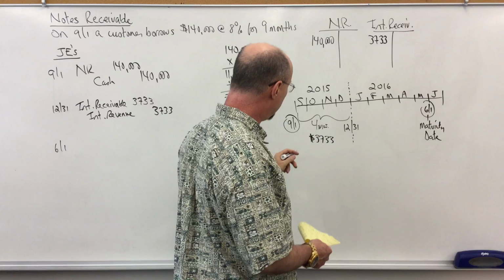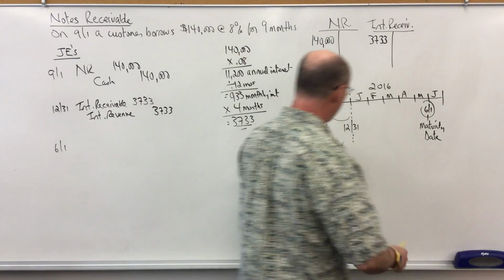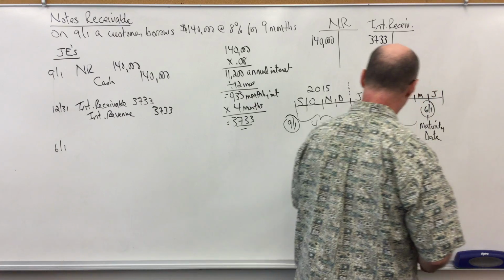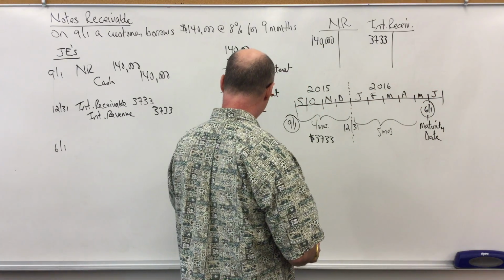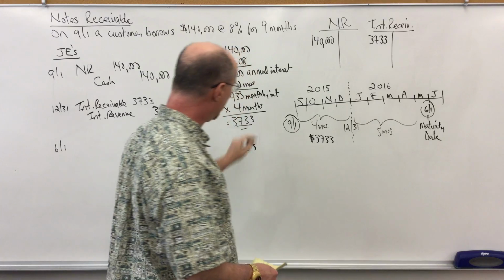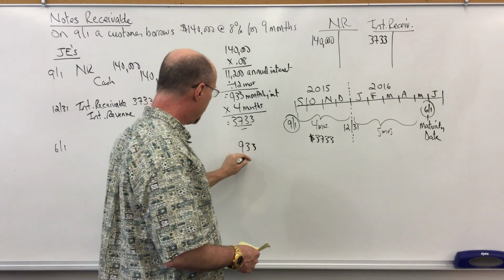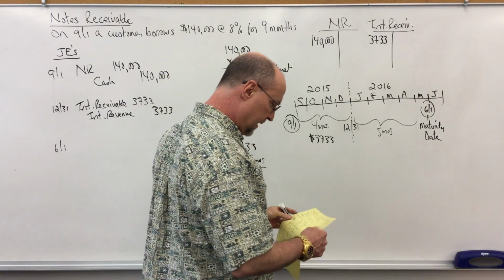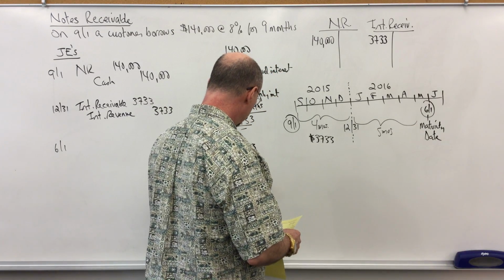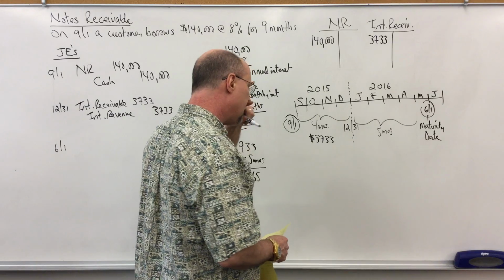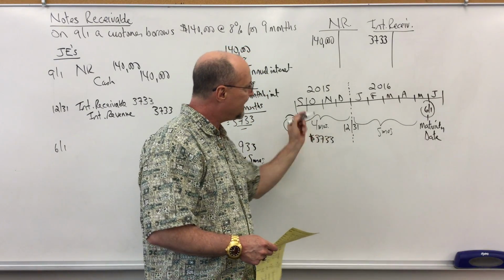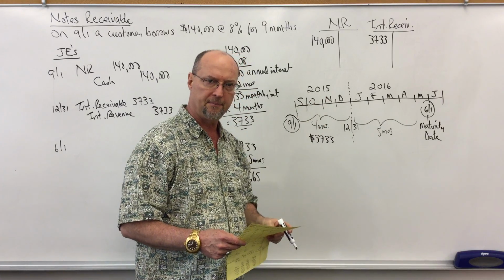Now in the following year, the maturity date of June 1st, 5 months of interest will be earned. So if I were to take my monthly interest of $933 right here, times 5 months, that will give me $4,665 of additional interest that we're going to earn in the following time period.